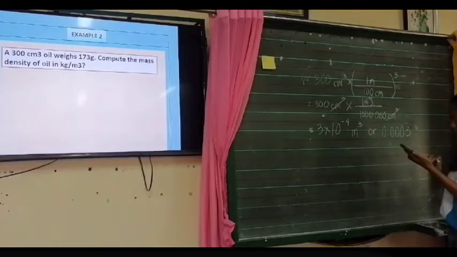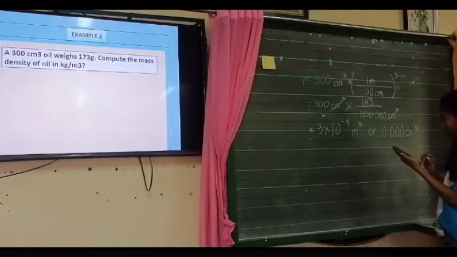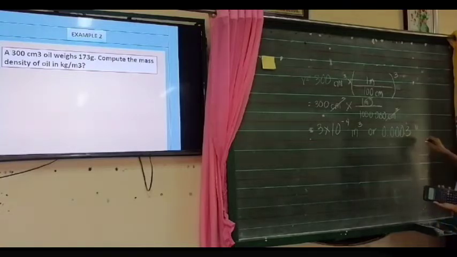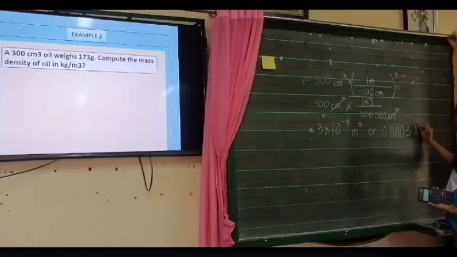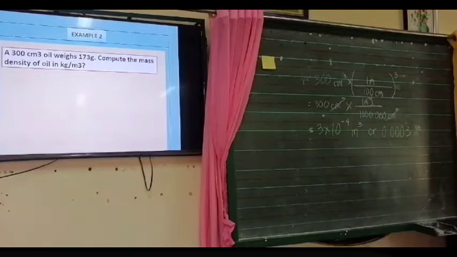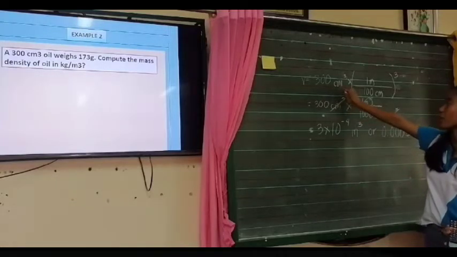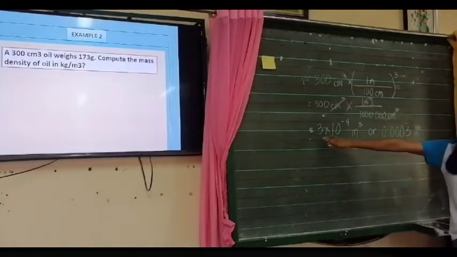Ano ba? 0.003. Yes, 0.003 cubic meter. So, na-convert na natin ang cubic centimeter sa cubic meter.